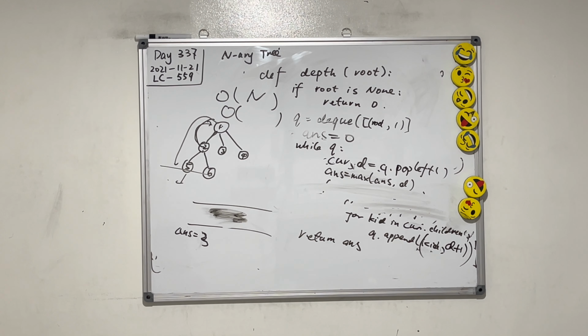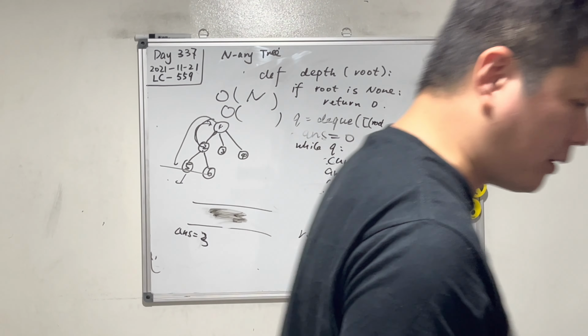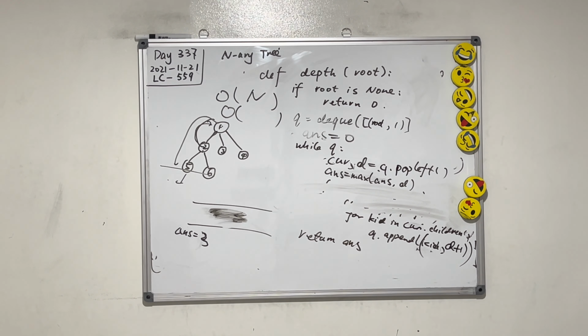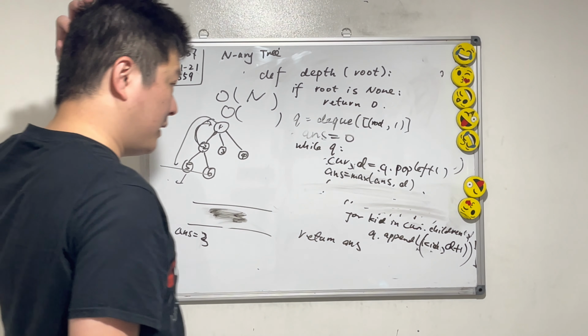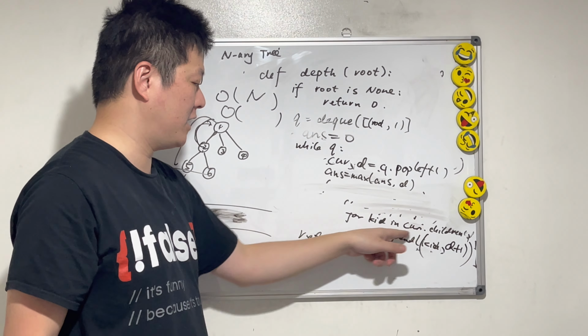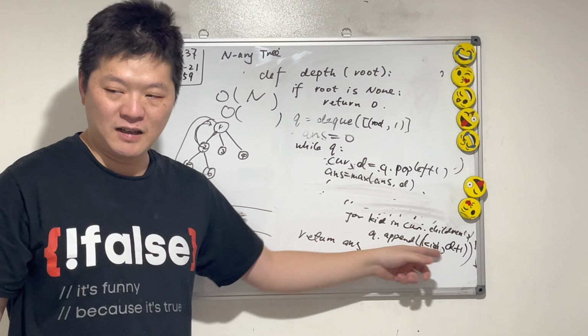To sum up, this is quite similar to getting the maximum depth of the binary tree. The only difference is the children. Instead of left and right, we need to get it from the list of children.